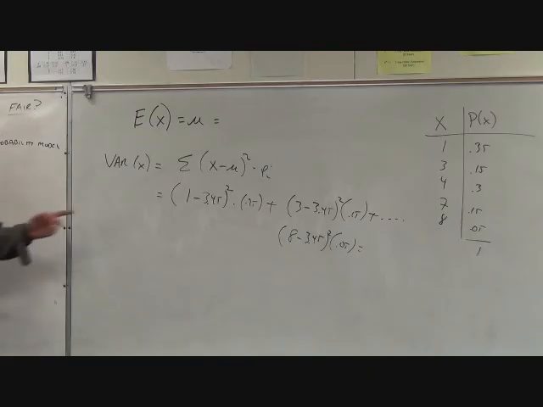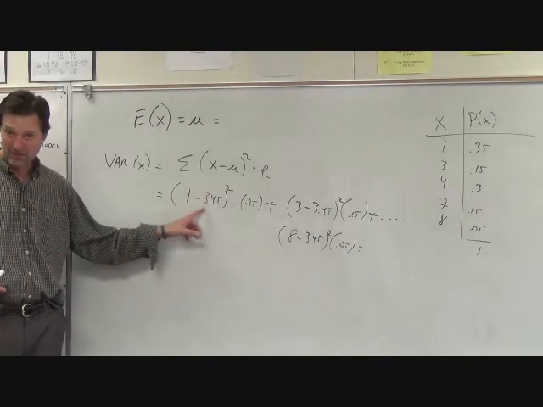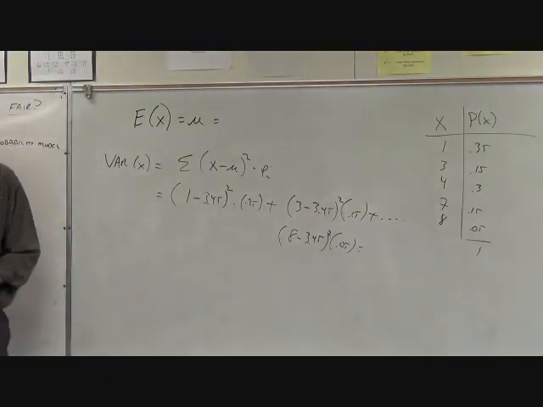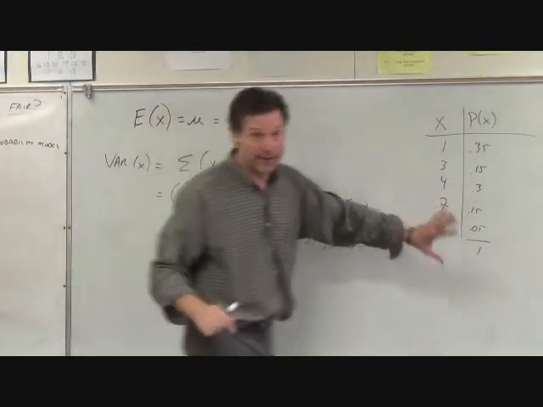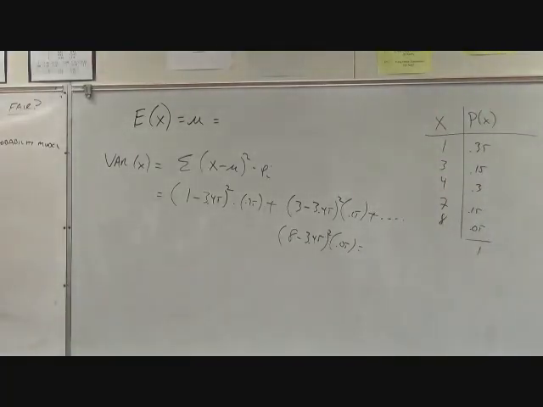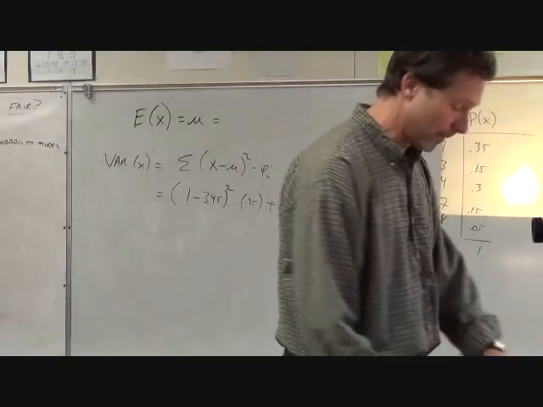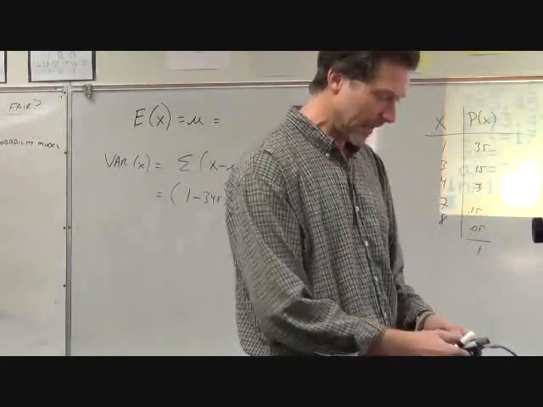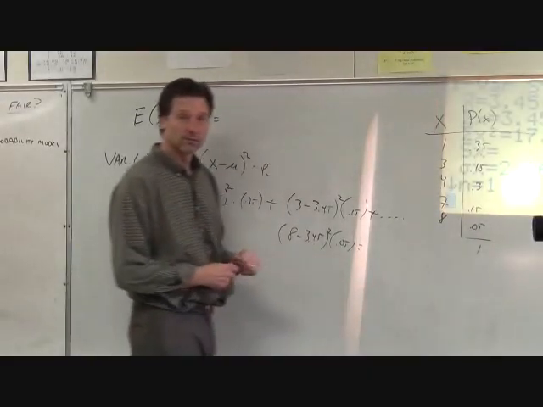Remember, variance is how far away the numbers are from the mean, squared. Standard deviation is how far the numbers are from the mean on average. If you want to plug all those into your calculator and find that value, you can. But I just showed you a pretty cool shortcut, didn't I? Your probability distribution function gave us the standard deviation, 2.26.